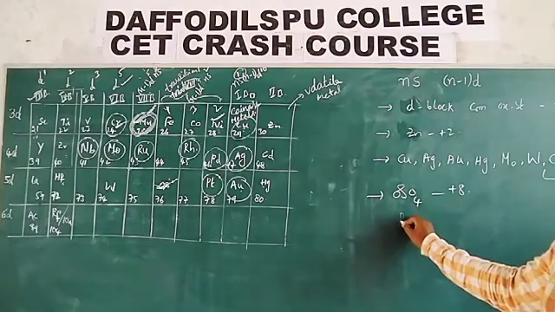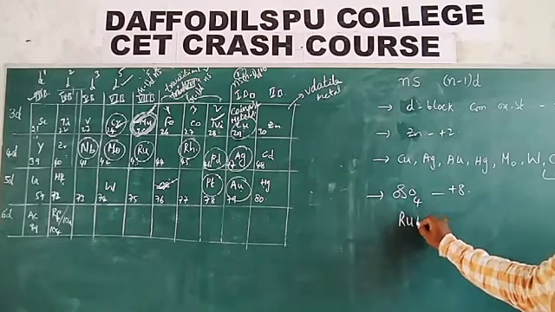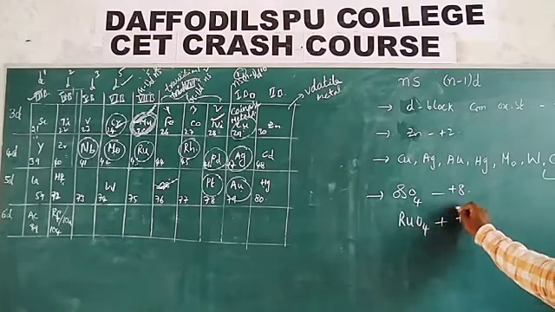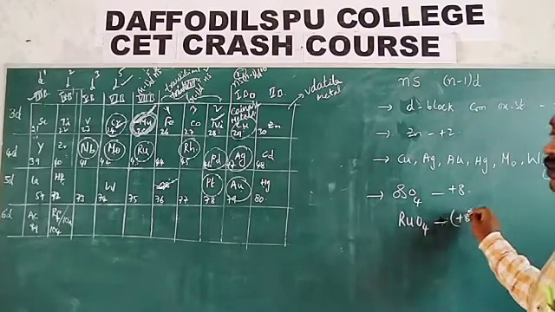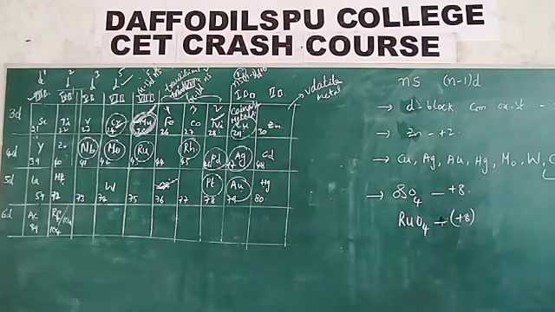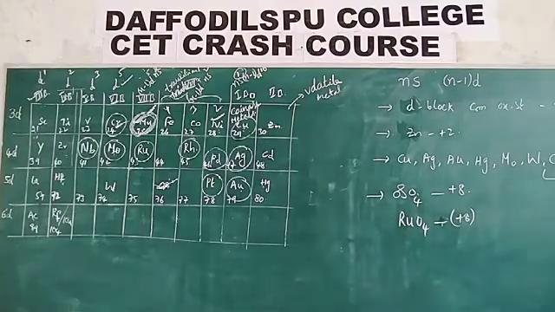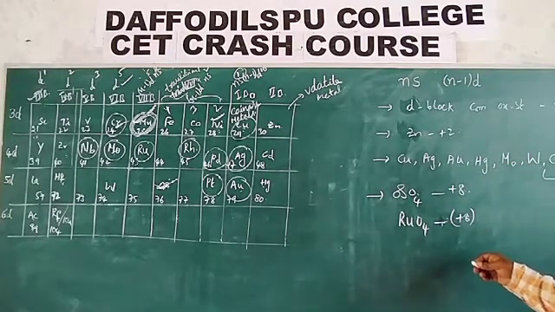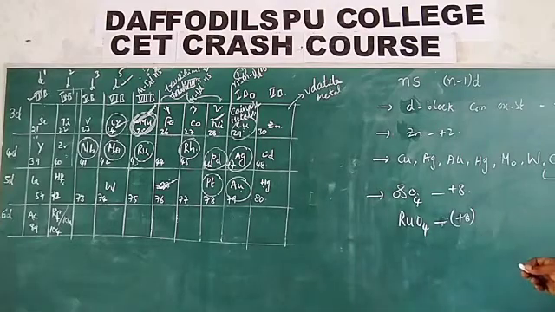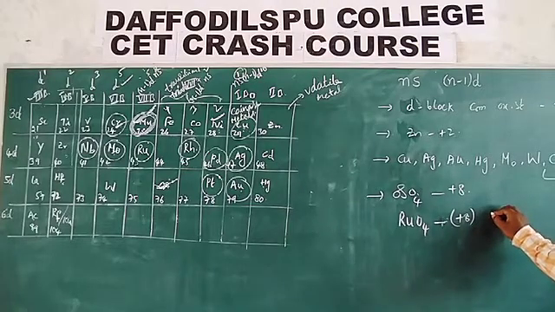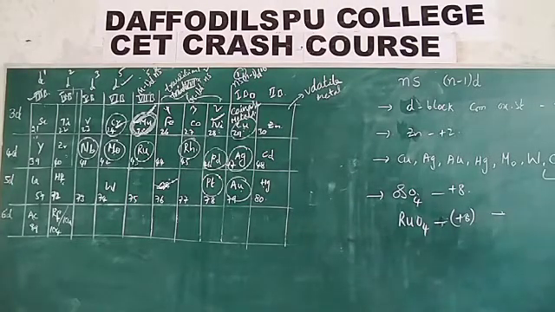Ruthenium also shows a highest +8 oxidation state, but it is somewhat unstable, while osmium's +8 oxidation state is stable. So these are the oxidation states of different elements. This is the main topic of oxidation.